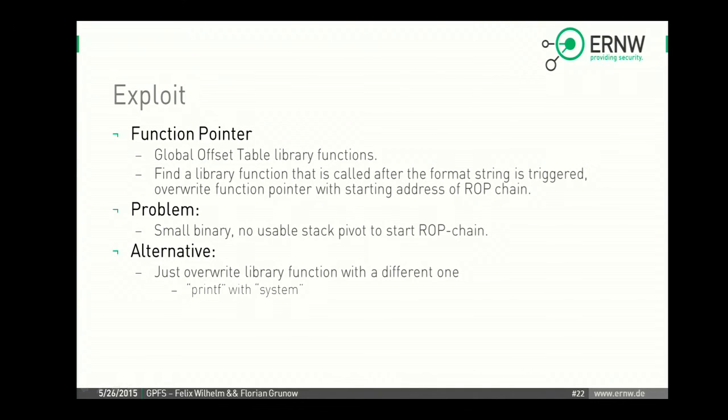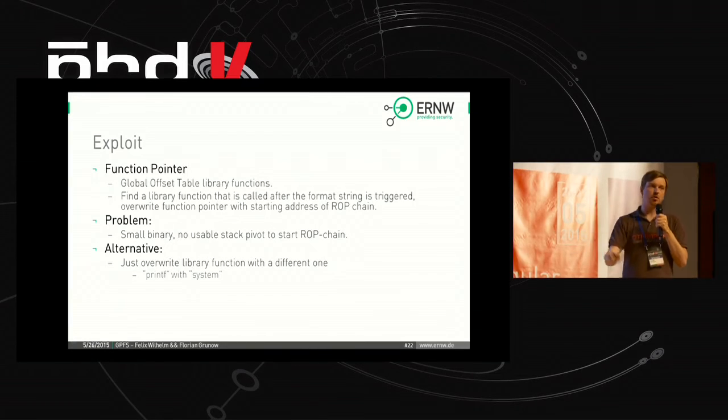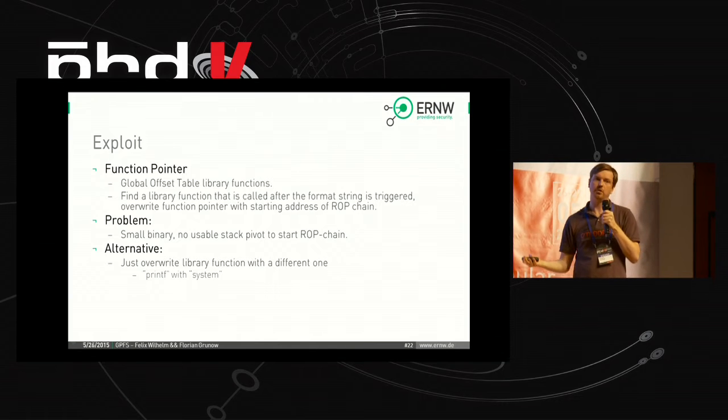The problem is that the binary is quite small, and we could not find a usable stack pivot to start our ROP chain. So we were sitting there having problems getting our ROP chain to work. We came up with another idea. We will just override one library function with a different one. For example, we will override the pointer to printf with the pointer to system.